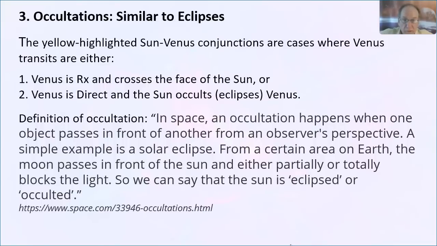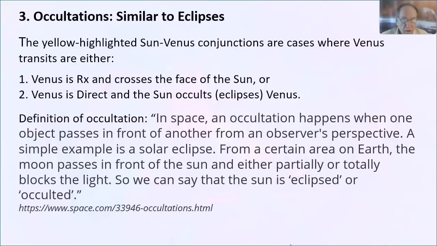From some areas on Earth, the moon passes in front of the sun and either partially or totally blocks the light. So an eclipse is a kind of occultation, between the sun and moon. If it involves, say, Venus and the sun, we don't call it an eclipse, we just call it an occultation. Venus making an occultation with the sun.